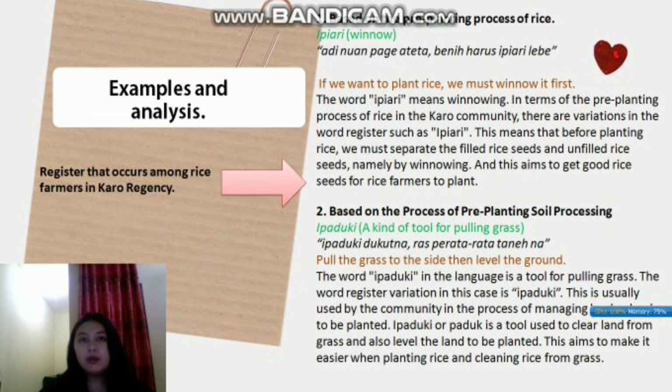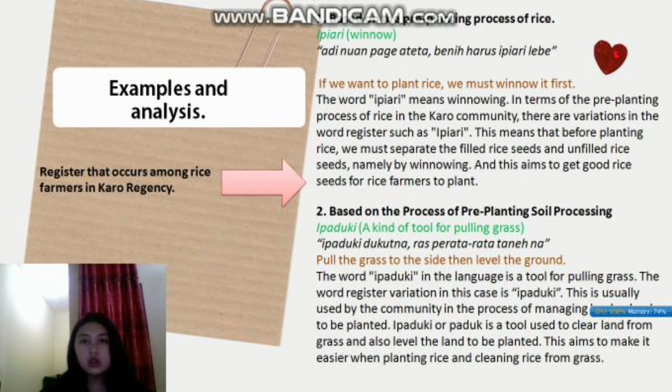In terms of the pre-planting process of rice in the Karo community, there are variations in the word register such as ipiari. This means that before planting rice, we must separate the filled rice seeds and unfilled rice seeds, namely by winnowing, and this aims to get good rice seeds for the rice farmer to plant.